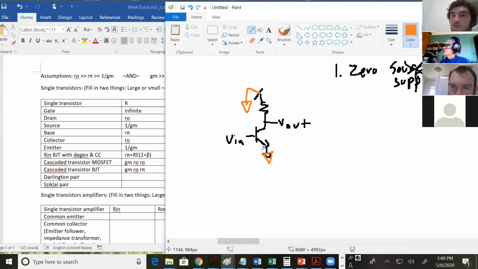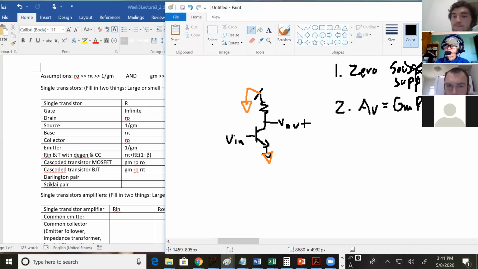So it's zeroed. Second step here is I realize that gain. Do you remember? Well, I'll just write it out. Does this look familiar? Okay. So gain is big GM times big R out. So if you could find these two, then you could just multiply them, and then you'd have your gain.